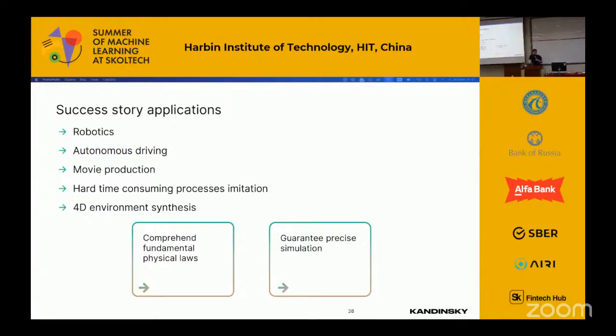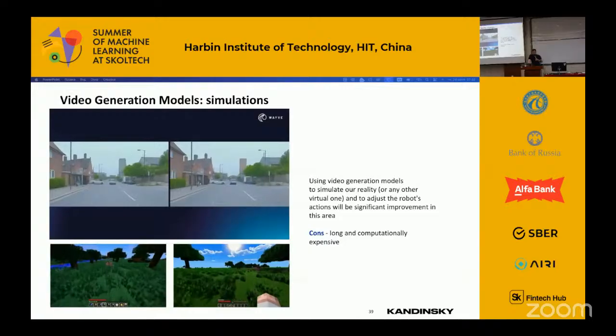Why is it important? Because if yes, you can apply these models, I mean UNet and diffusion models, in a lot of fields: in robotics, in self-driving cars, in movie production. Not so necessary in movie production, I think. But in hard, time-consuming simulation processes, like steel preparation, for example, that's important.